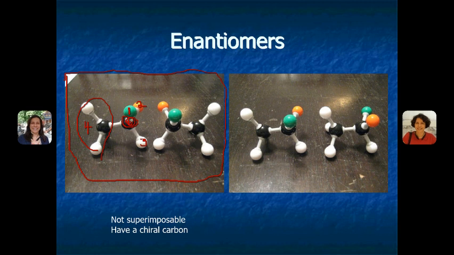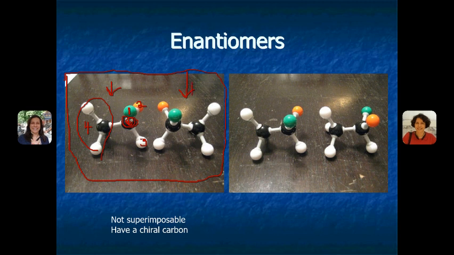This other molecule here is its enantiomeric twin, but it is arranged in such a way that the three different ones, the fluorine, the chlorine, and the hydrogen, are on the left side as we see it, while in the first molecule they're on the right side.